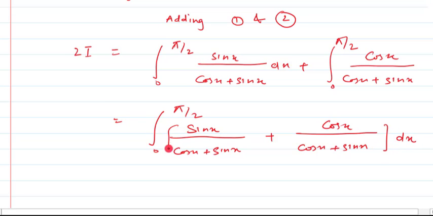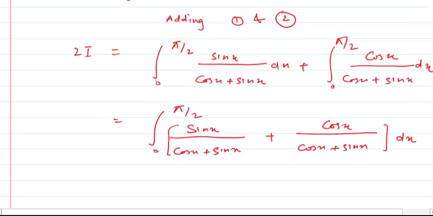So I am using over here like a to b fx dx plus a to b gx dx as a to b fx plus gx dx.